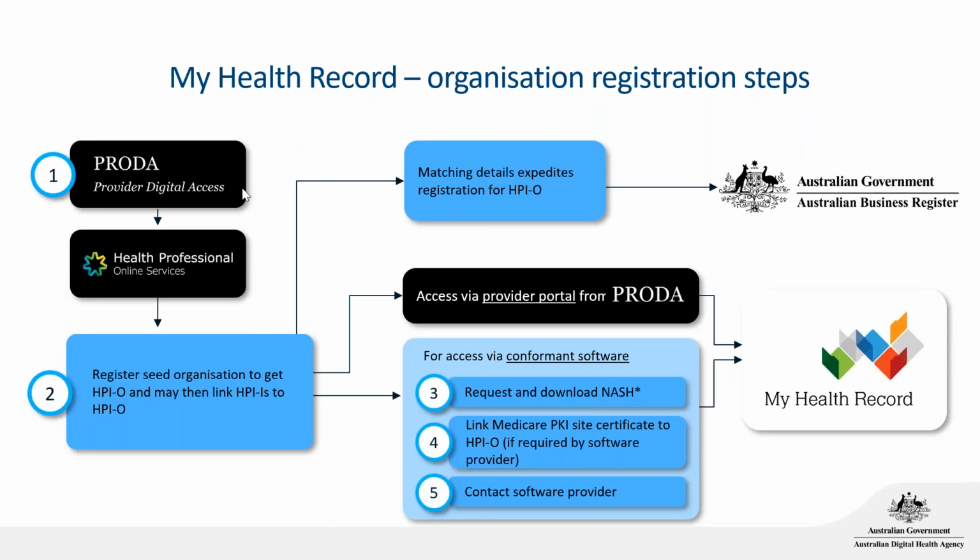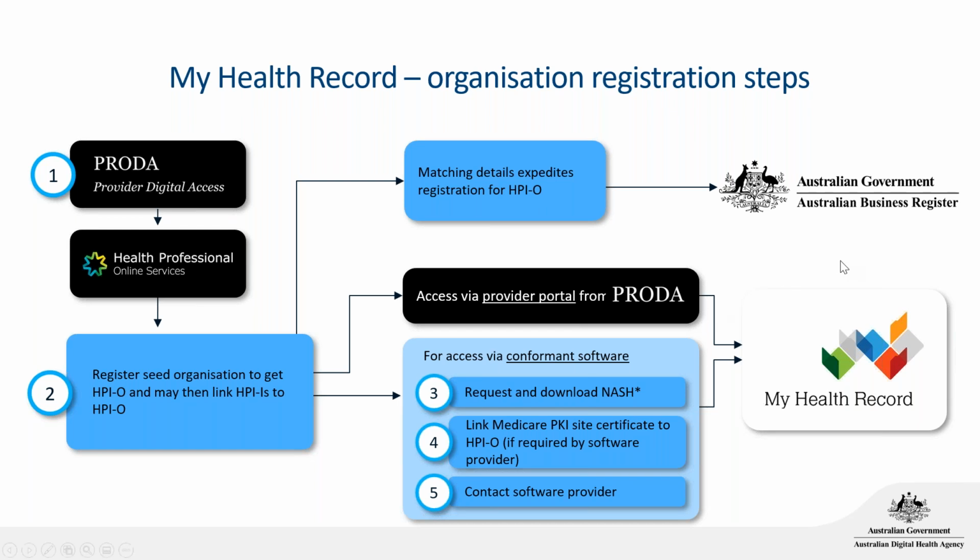So the first step is for the individual who wants to register the organization to make their PRODA account. They will then access HPOS, and through that platform they will complete certain steps and will then register their organization with the Healthcare Identifiers Service, and then they will be able to set up access through Zedmed software for My Health Record.